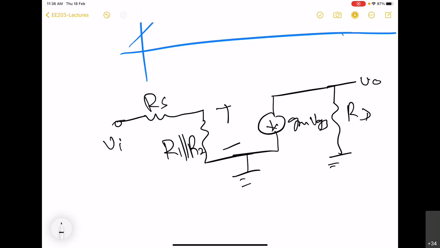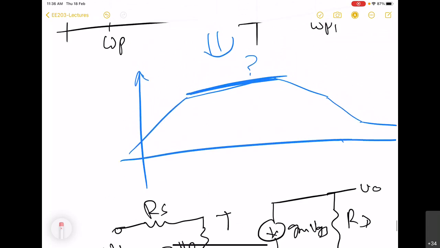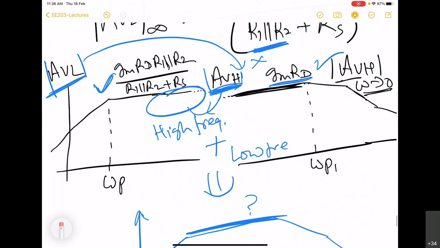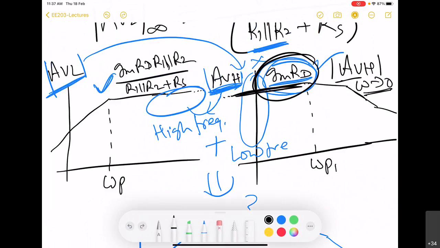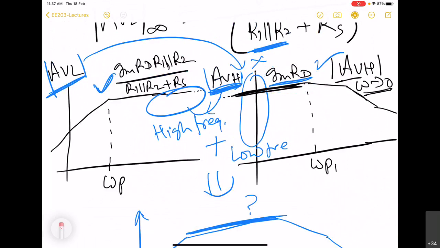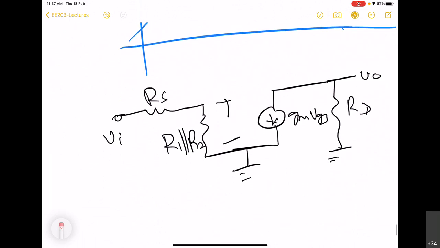You might ask, if we are considering the low frequency, why are we not including this CI? Because this low frequency has been obtained as a limiting case of the high frequency model, right? So that is why CI will not be there. Otherwise, you will get the wrong result for this value that we are looking for, this horizontal one. Right, so that is why we are not including CI.